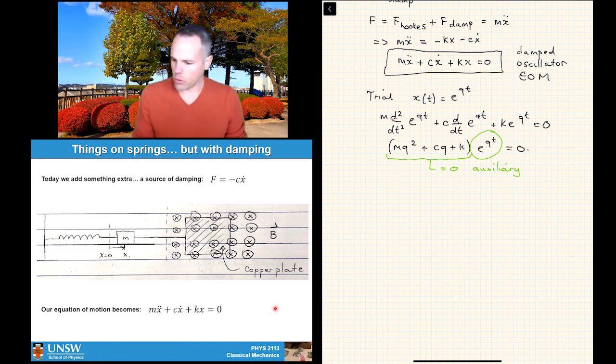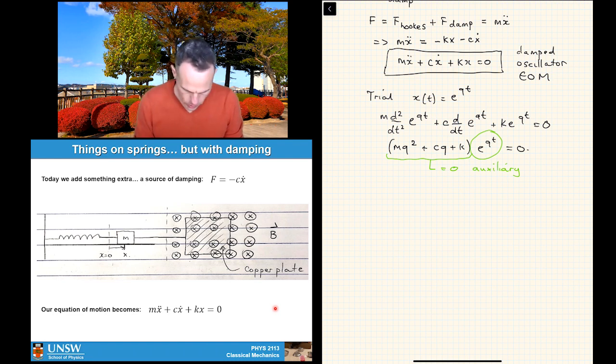Okay, all right. So now we've got this thing. And what you'll realize is that yesterday it was a square equation, but it was simpler than the one that we have now. So yesterday's quadratic was a little easier to solve than today's quadratic. Here what we need to solve is mq squared plus cq plus k equals 0.